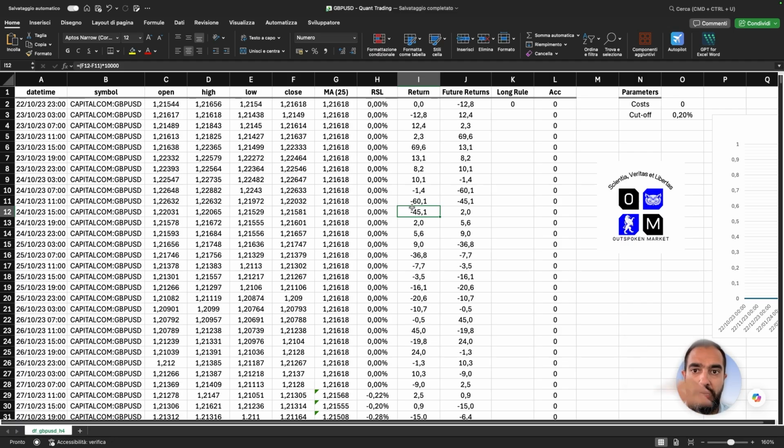And that edge, as I like to teach my students, is about the inertia of the market, and it's about you being able to capture one of the two possible movements any asset can do: a trend or mean reversion. And most of the time, the market is mean reverting. That being said, this GBP USD dataset starts from the 22nd of October 2023.